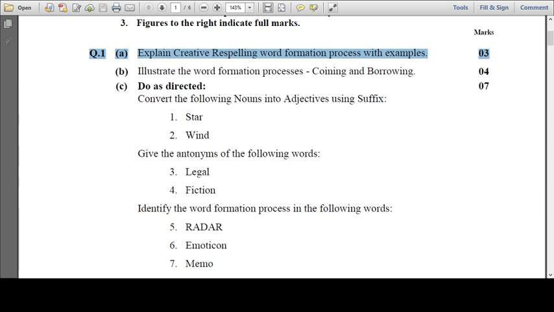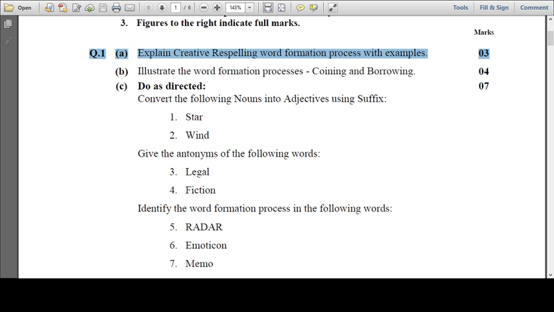It is generally used in the commercial sector in the form of product names, because product names often involve creative respelling. Examples are Mr. Clean or Mr. Crunch.